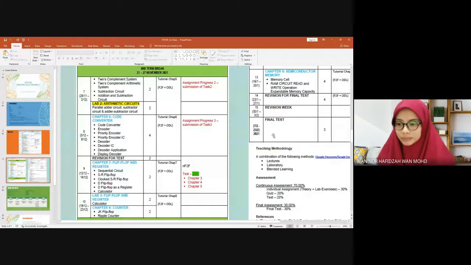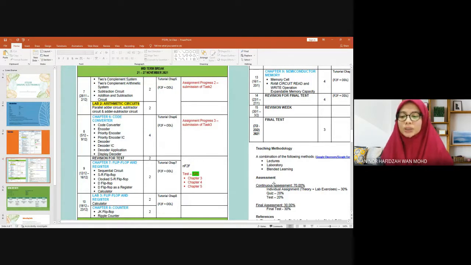So basically for ITT270, for this ODL, it is a combination of the following methods, by using lectures, lab, and BL, blended learning. This course has a final assessment, 30%, and continuous assessment, 70%.